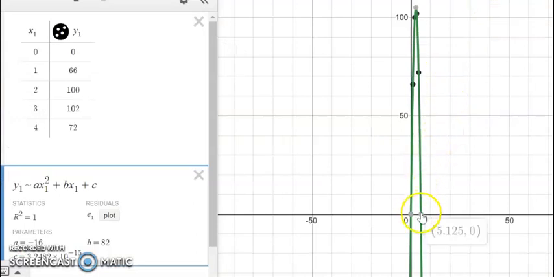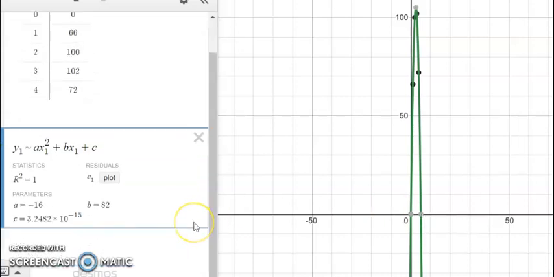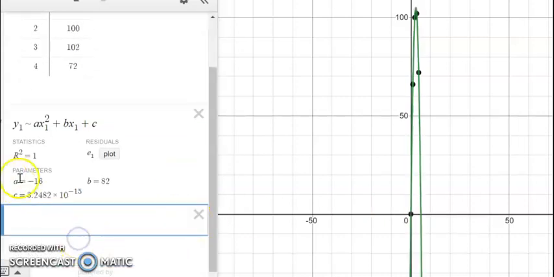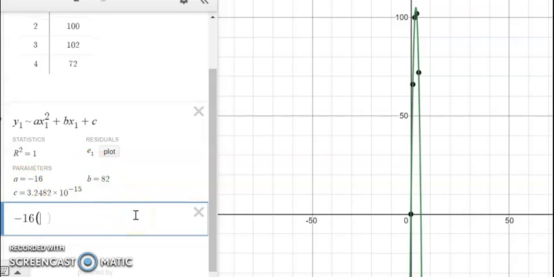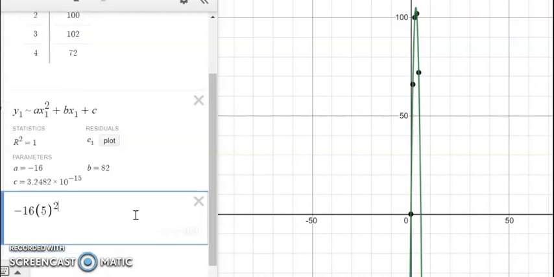Notice my x-intercept is at 5.125. I'm going to go over here and use the equation that I created. Negative 16, and I'm going to put that 5 seconds in for x and square it. And then I'm going to add 82, and again, I'm going to put that 5 in for x.